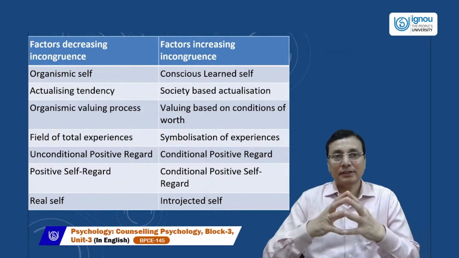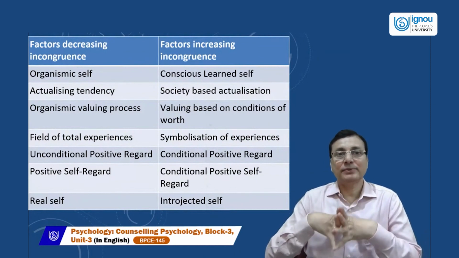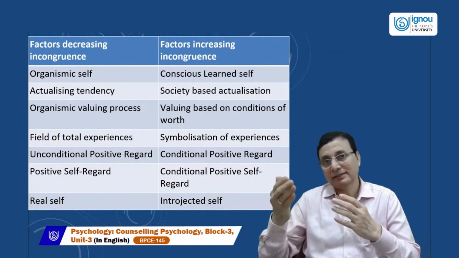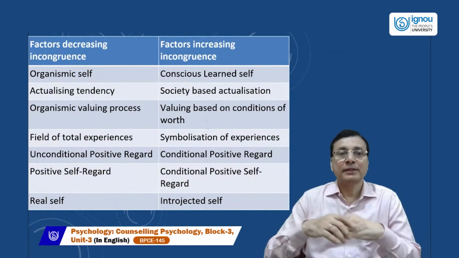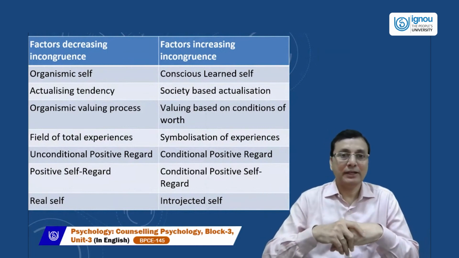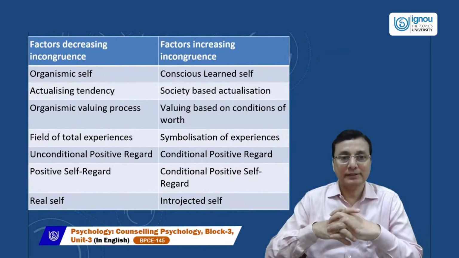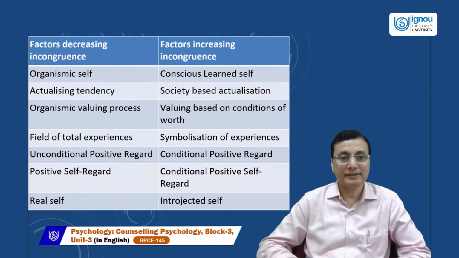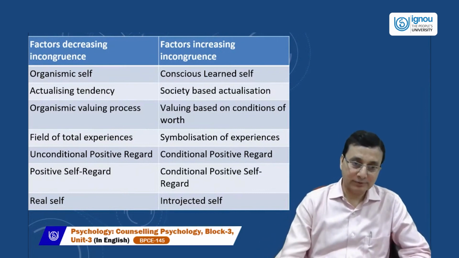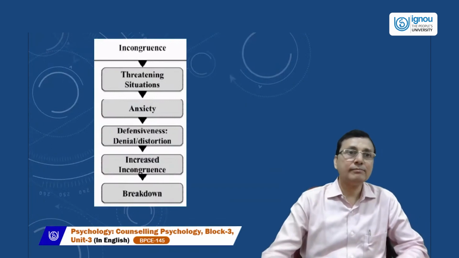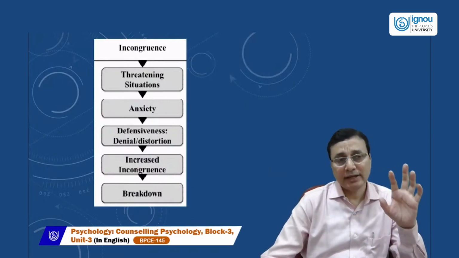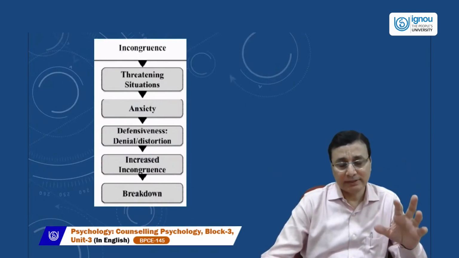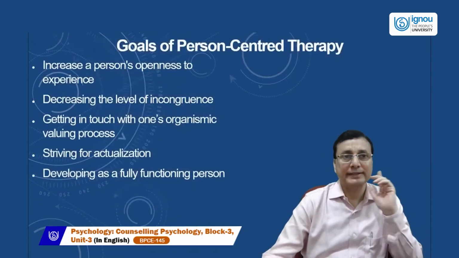Whereas your incongruence will increase if you emphasize the learned, conscious self more, society-based actualization, valuing based on conditions of worth, symbolization of experiences, conditional positive regard, conditional positive self-regard, and the introjected self. So we should try to reduce incongruence, otherwise a breakdown will occur.